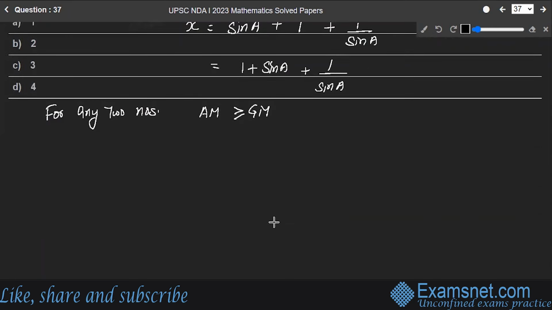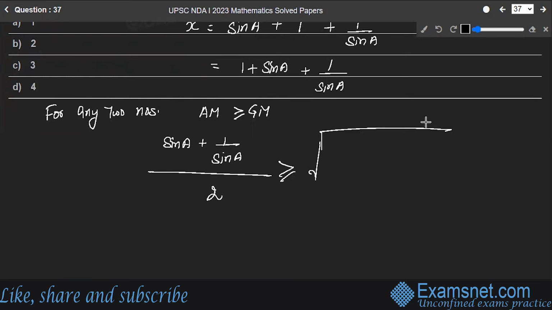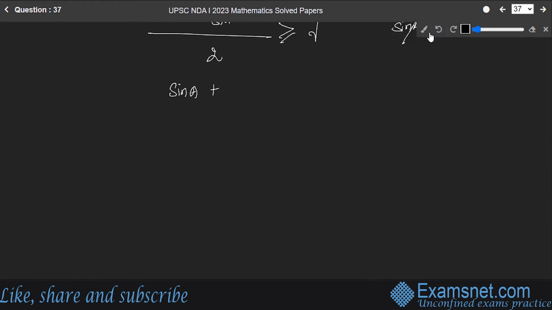If I take the two numbers as sin A and 1 upon sin A, then (sin A + 1 upon sin A) divided by 2 is always greater than or equal to sin A into 1 upon sin A. So sin A + 1 upon sin A is greater than or equal to 2 always.